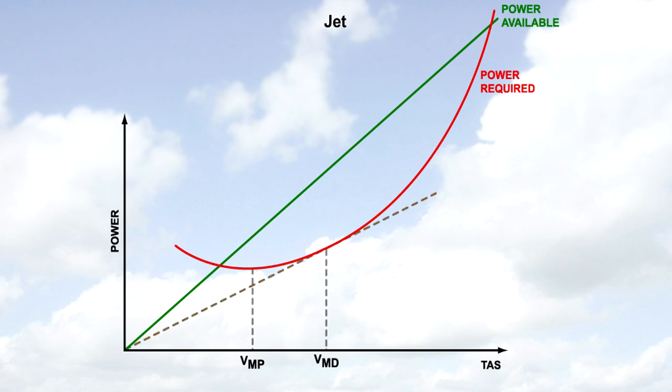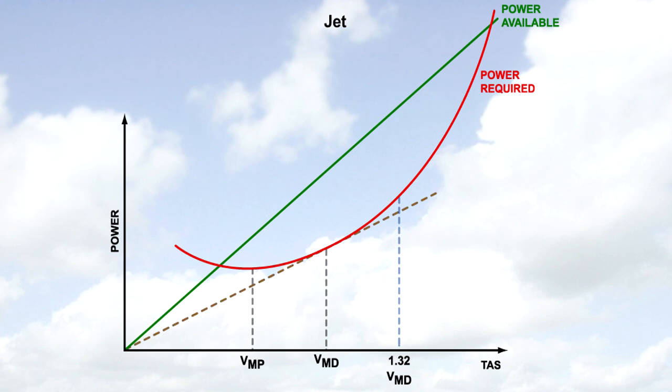There was another speed, slightly faster than VMP, called VMD. This speed is the velocity for minimum drag, and it's found at the tangent to the power required curve. Lastly, the highest of the performance reference speeds is 1.32 VMD, which is located at a point beyond VMD.